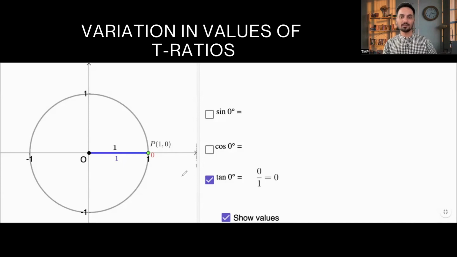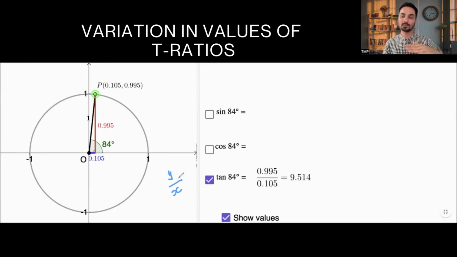For tan theta, we know that tan depends on the ratio y over x. So it depends on the value of y as well as the value of x. Let's see how the value of tan varies when we move from quadrant 1 towards quadrant 4. As you move from 0 degrees towards 90 degrees, the base of the triangle or the value of x is decreasing and it is approaching 0.